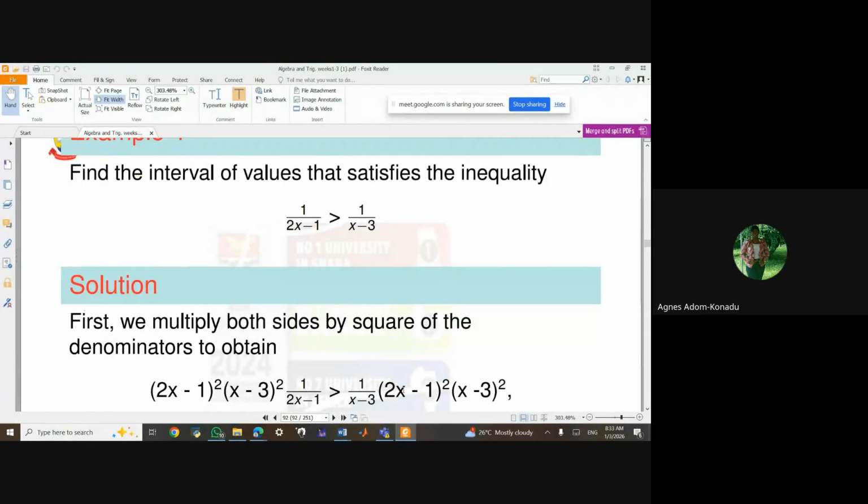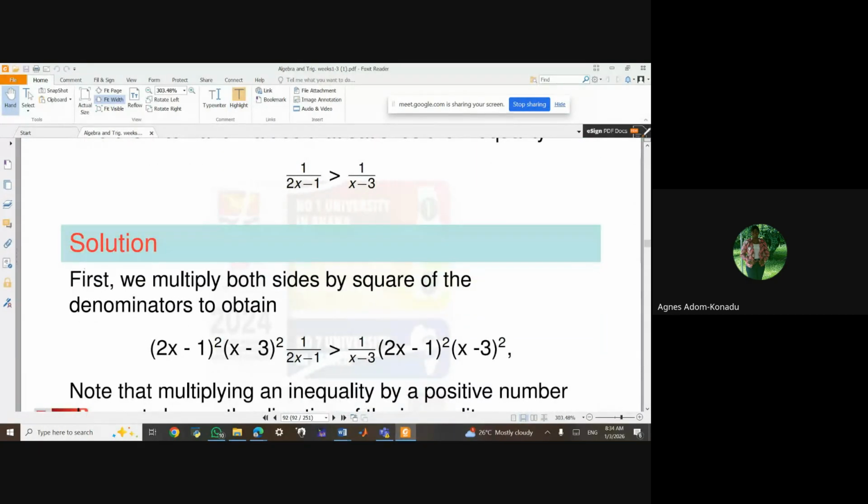Okay, so to solve something like this, we have to find the LCM. But this one, because of the sign, we have to square the LCM. So the LCM, we have 2x minus 1 squared and then x minus 1 squared.